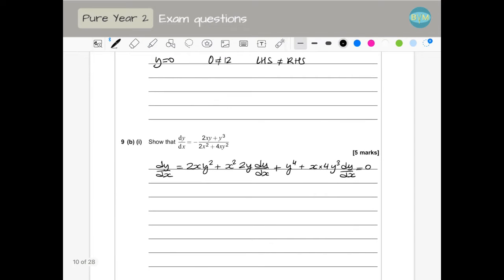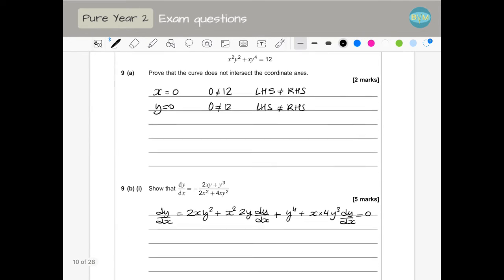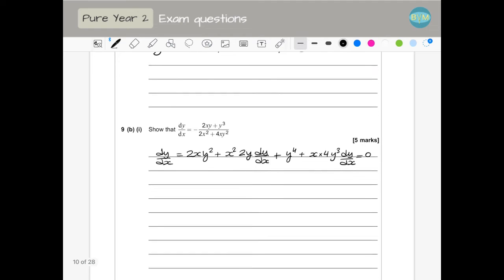Now I can simplify some y's because I have y everywhere. So I'm going to divide by y, because I will be able to simplify at the end. So I'm going to simplify already. I'm going to factorize because I want to make dy by dx the subject.